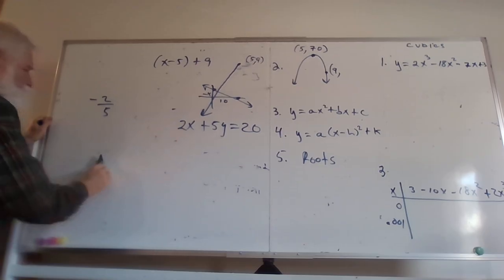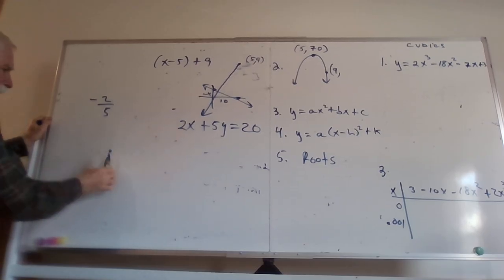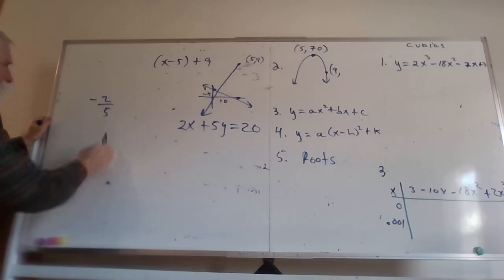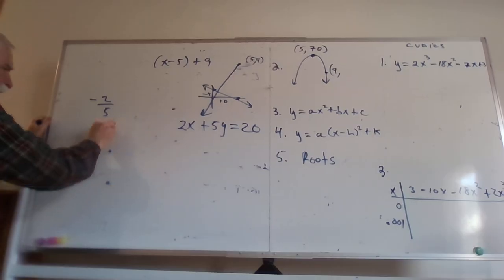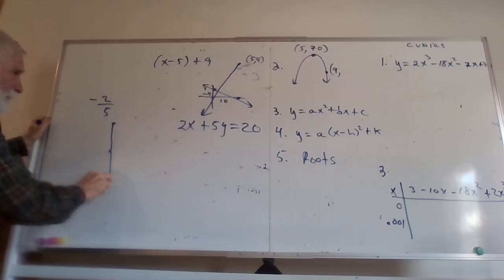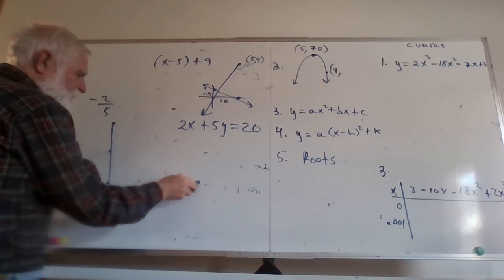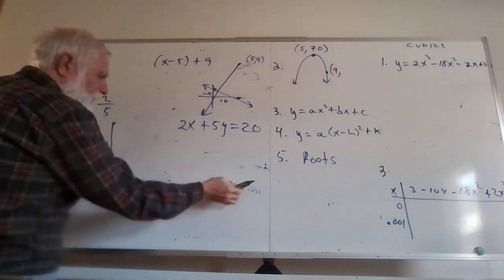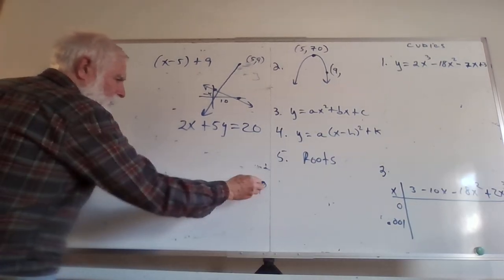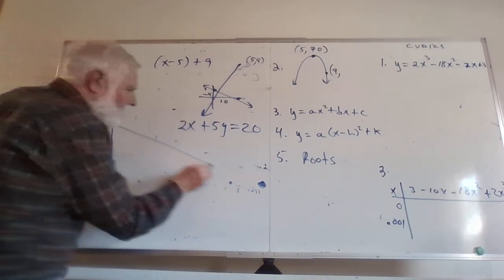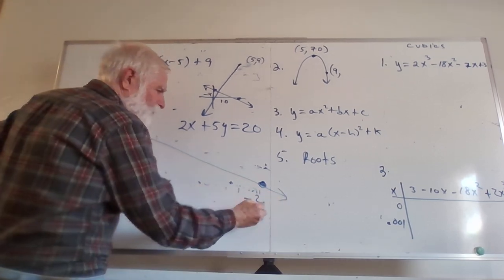I'm going to use the marker. 1, and that's going to be 2. That's going down 2, and over 10. 2, 4, 6, 8, 10 would be there. So that's my slope, down 2 over 5.